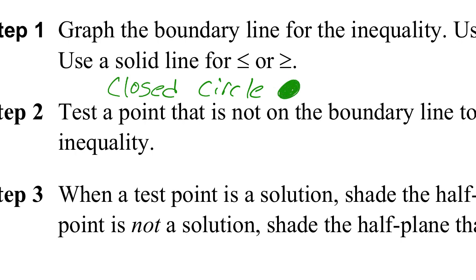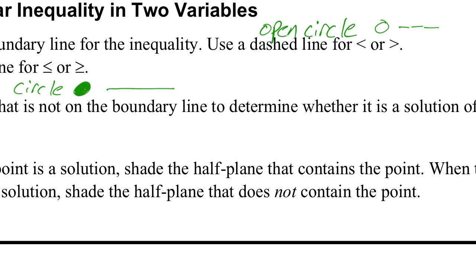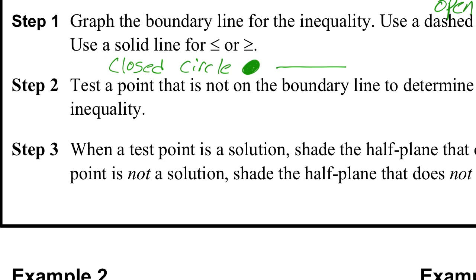Where an open circle, there's stuff missing. So we have dashes because there's gaps missing. So what we do is we graph the line and then just make sure if it's solid or dashed, and then we test a point that's not on the line to determine if to shade. If the point works, we shade there. If it doesn't work, we don't shade there.